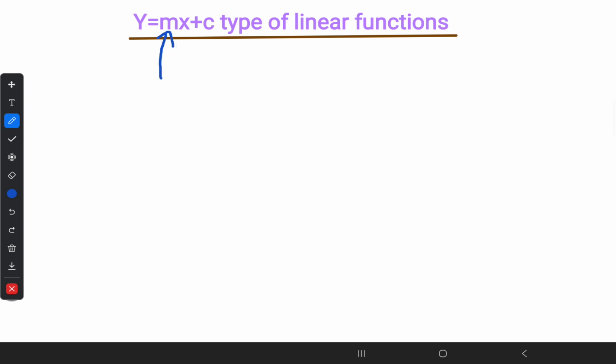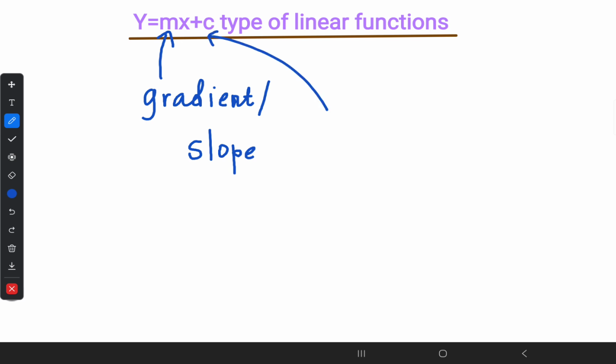M is same as previous. M is a gradient or slope of the function, gradient or slope. And now a new thing appearing here, the positive c. What is meant by positive c? Positive c, that is showing some kind of identificational feature in our straight linear function, that is called as intercept.